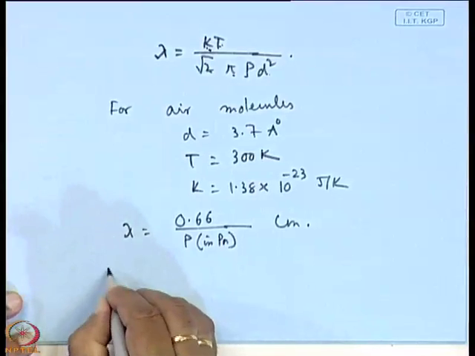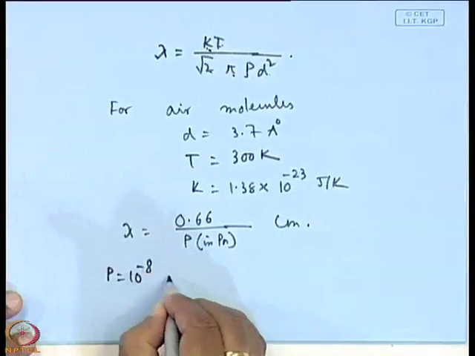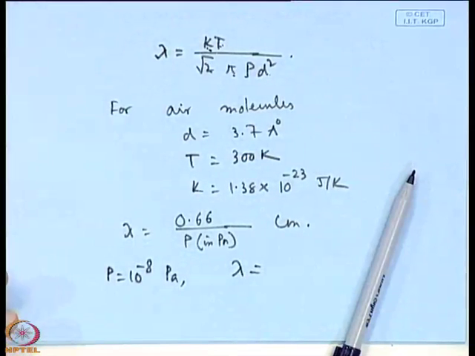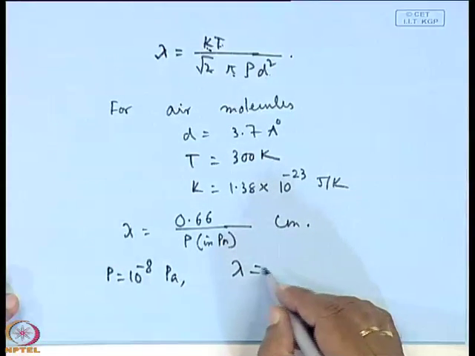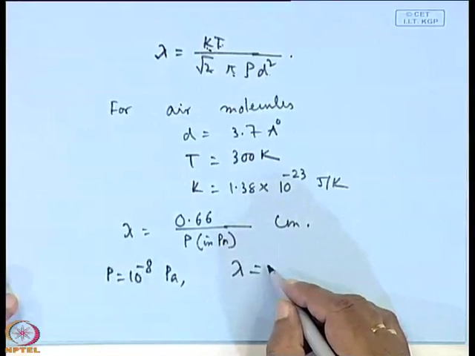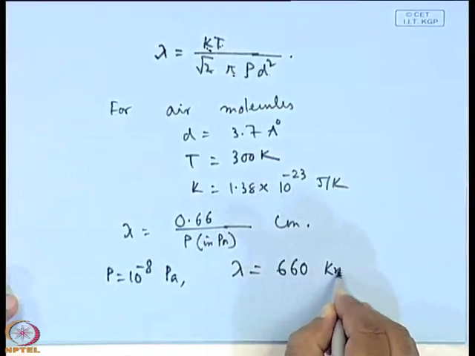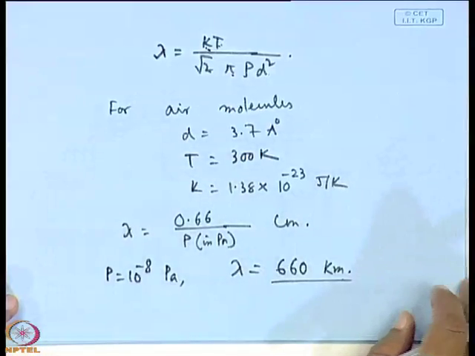So when p equals 10 to the power minus 8 Pascal, what is lambda? Tell me the value in kilometer. Yes, around 660 kilometer.